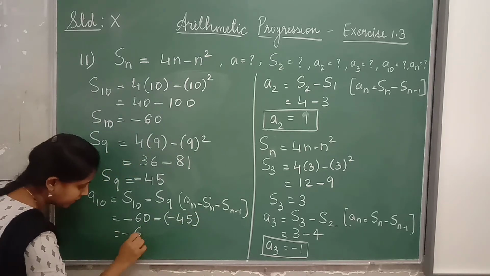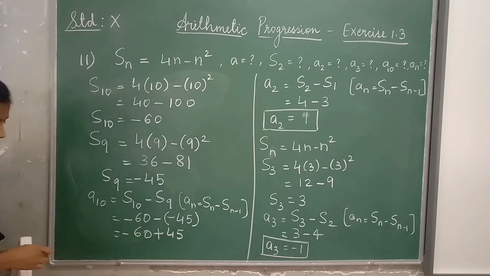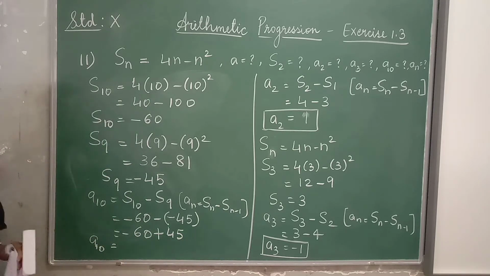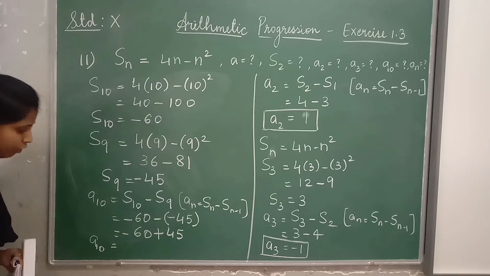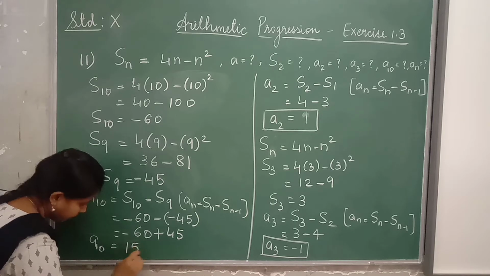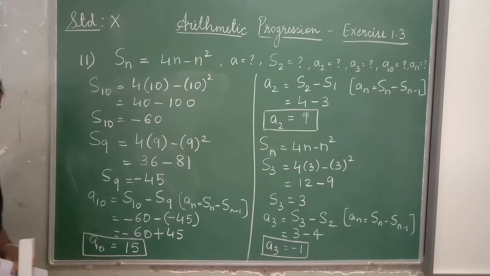So the 10th term is nothing but minus 60 plus 45. So you will get minus 15. Okay, so this is the 10th term of the AP.